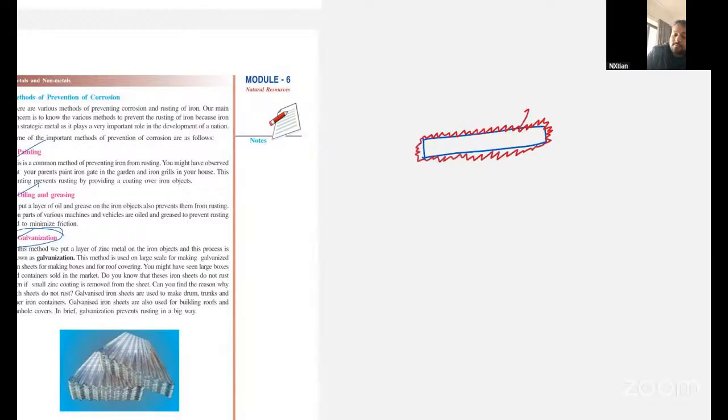If the upper layer is covered with zinc, then the oxygen will not react with iron and the iron strength will remain the same. So galvanization is the process of covering iron with zinc. Got it, everyone? Yes or no?